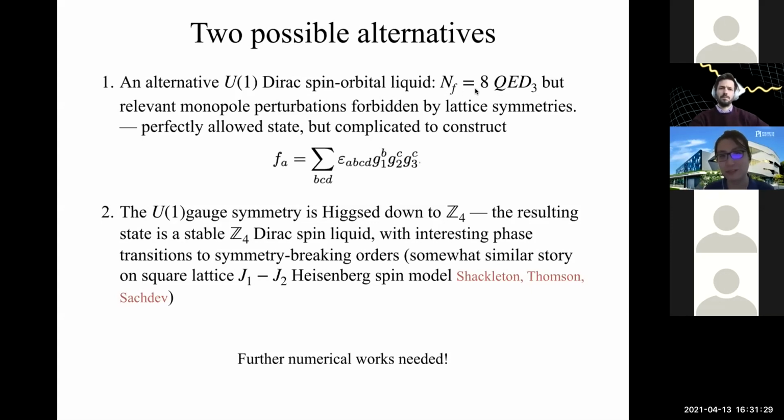For example, one thing you can do is, instead of directly writing down a mean field hopping Hamiltonian for the F fermion, you further fractionalize the F fermion into 3 auxiliary fermions G in the anti-fundamental representation. So you take these 3 anti-fundamentals, form a fundamental, which is F, and then you have to arrange those G fermions into some somewhat complicated mean field theory and so on.